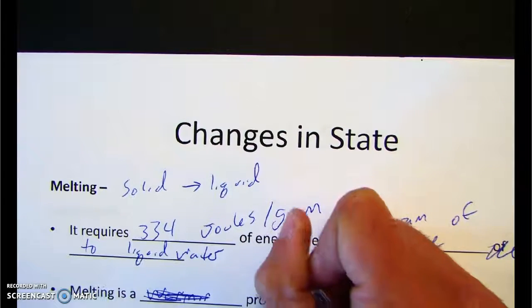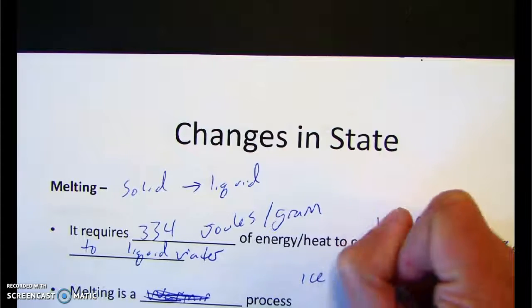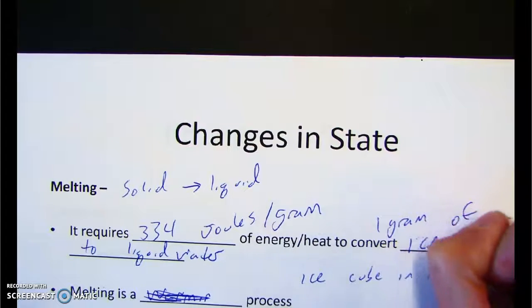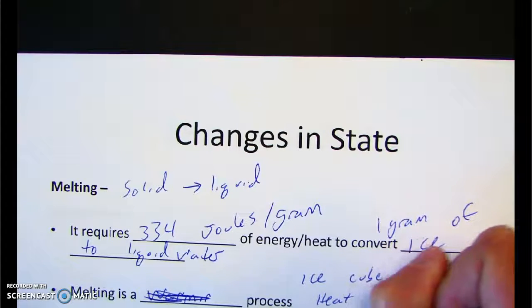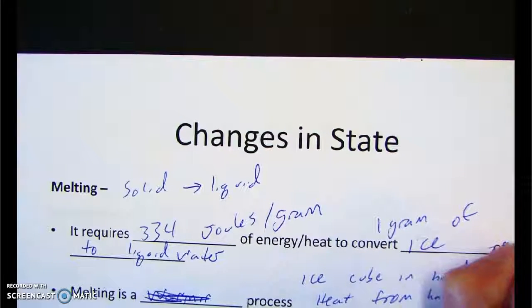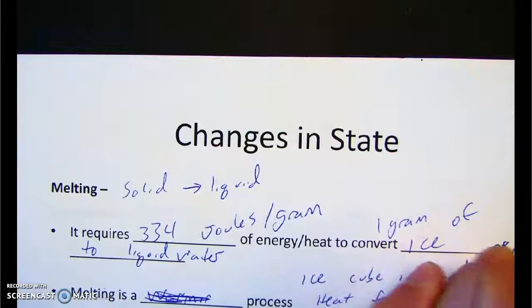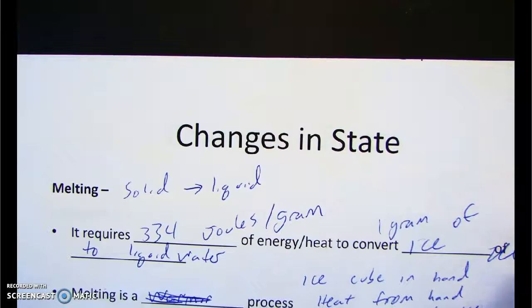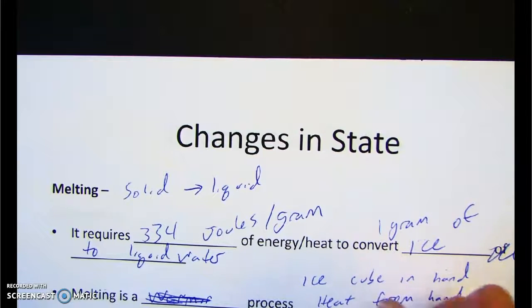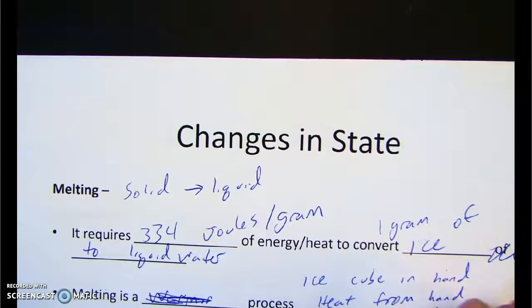If you imagine having an ice cube in your hand, the heat from your hand goes into the ice. You melt the ice cube, but your hand feels cold. And that's what we mean by a cooling process. It's cooling the environment around the melting.